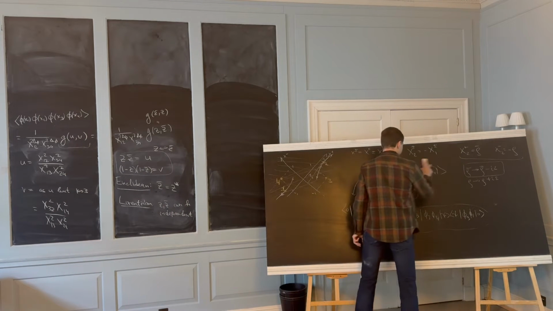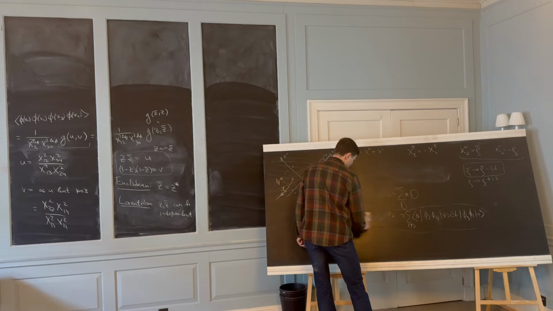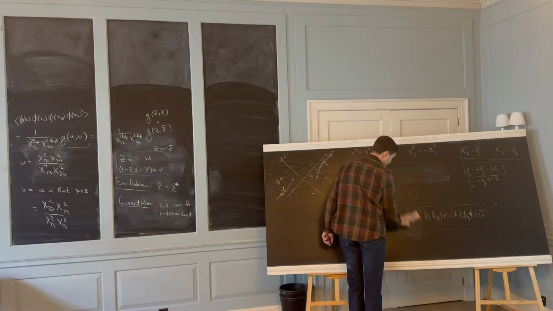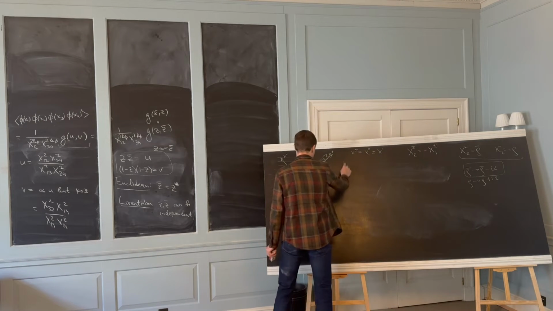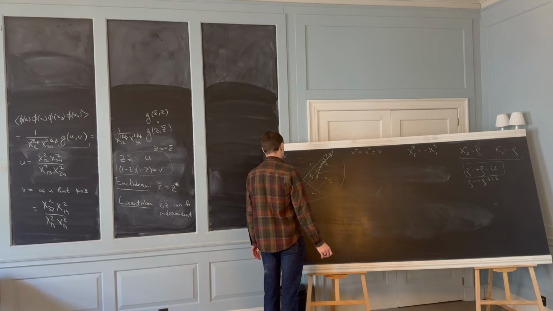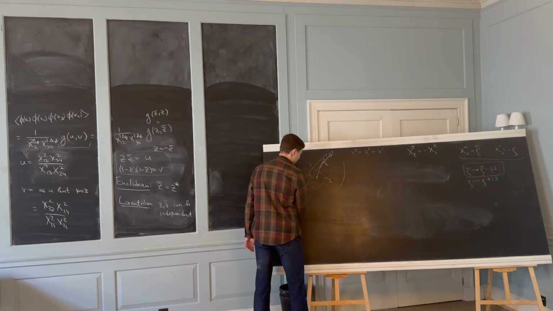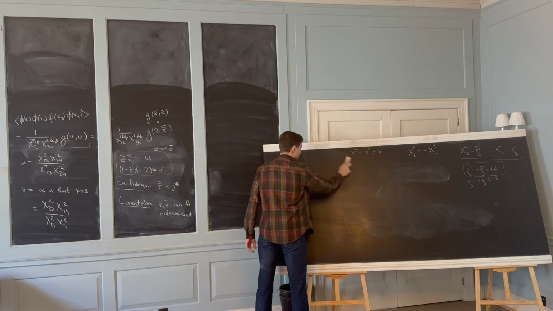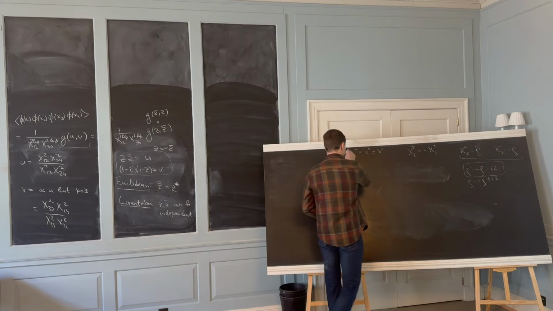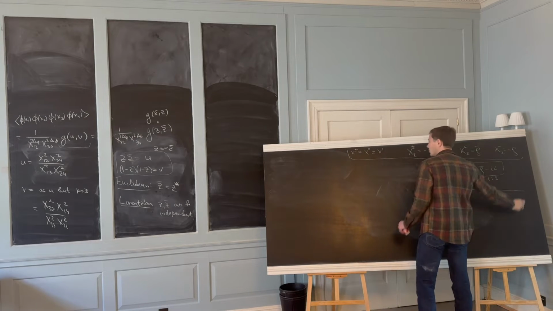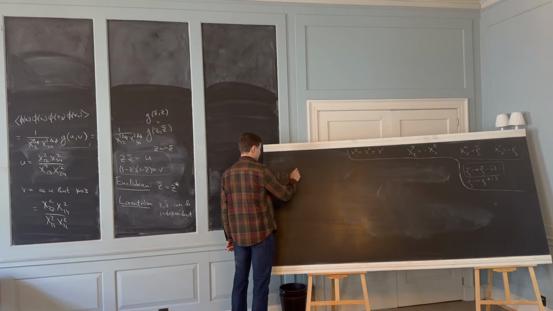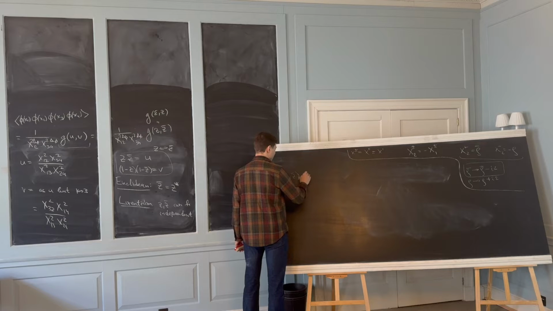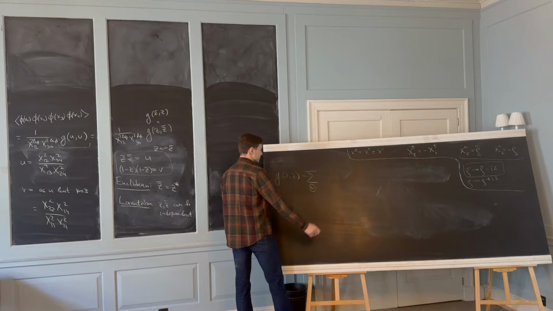And what it says is that this function g of z z bar is equal to a sum over all O, all primary operators.